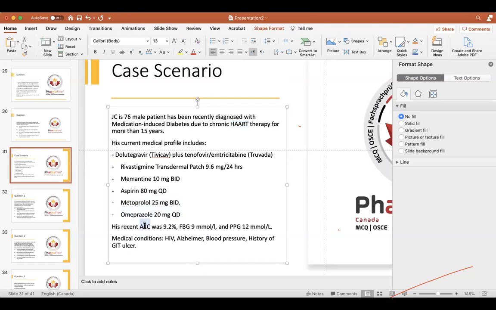His recent A1C was 9.2, fasting blood sugar 9, postprandial sugar 12. Medical conditions: HIV, Alzheimer, blood pressure, history of GIT ulcer. This is the history.